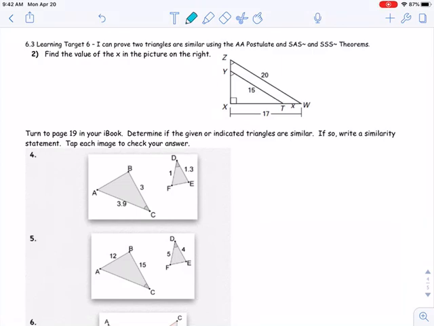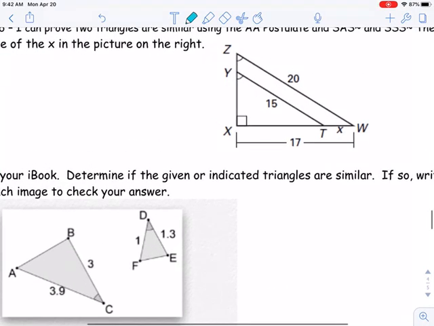All right. Find the value of x in the picture on the right. There's a couple ways to do this problem. This is how I like to do it, though. We'll do it my way. Let's just focus on this. I have this blue triangle. It's a right triangle.